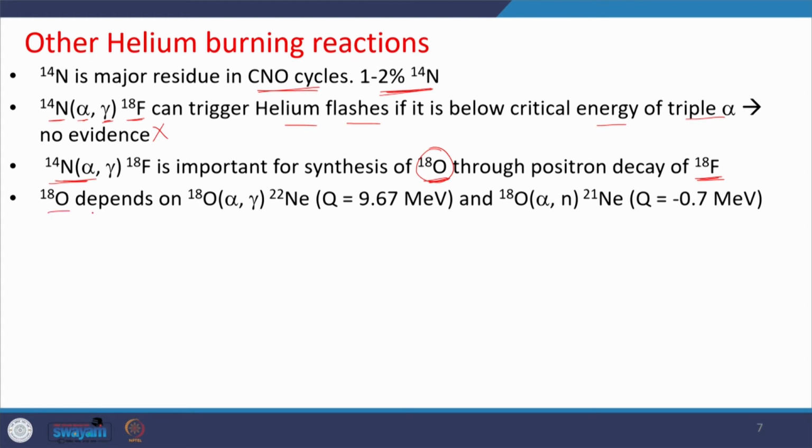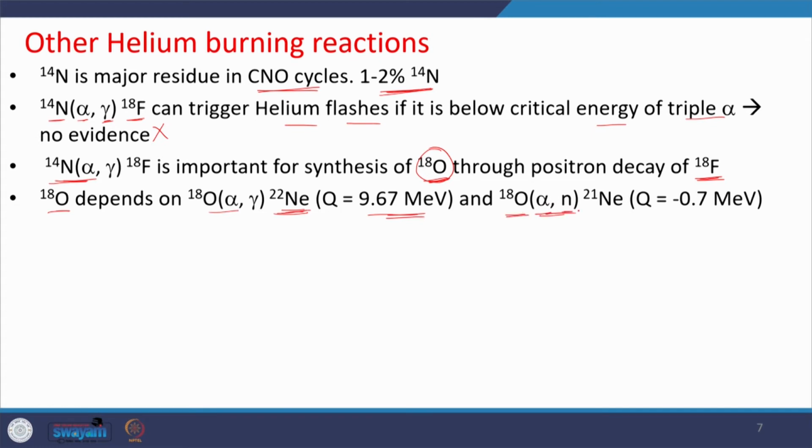And the fate of this oxygen 18 depends on the reaction alpha plus oxygen 18 giving rise to neon 22, because alpha particles are always available. When alpha reacts with oxygen 18, it gives rise to neon 22, whose Q value is 9.67 MeV. In addition to that, alpha can also emit a neutron by reacting with oxygen 18.